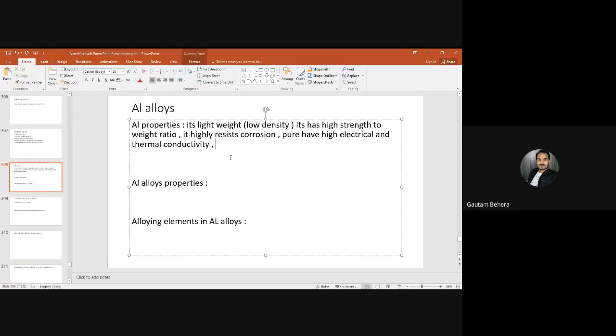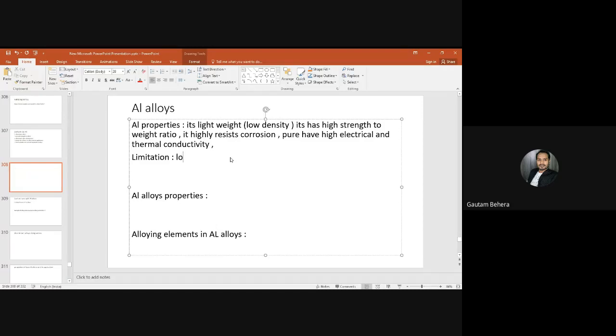Okay, fine. But the limitation of pure aluminum is what? It is having low strength. But it also has another advantage: very high ductility.